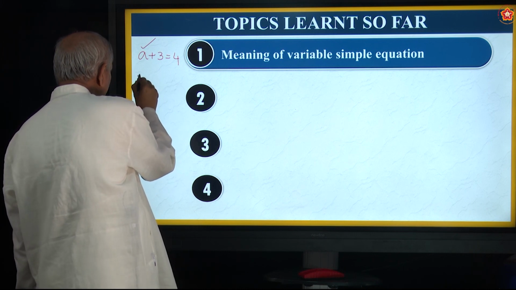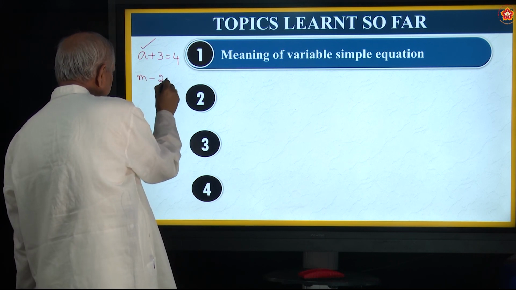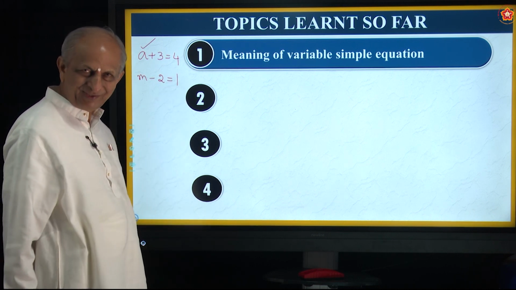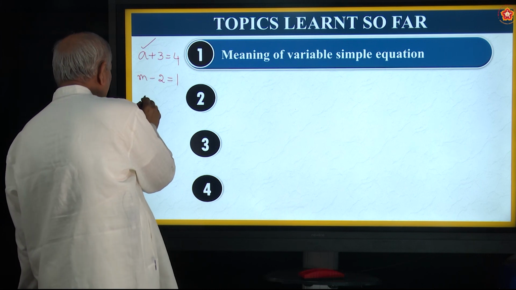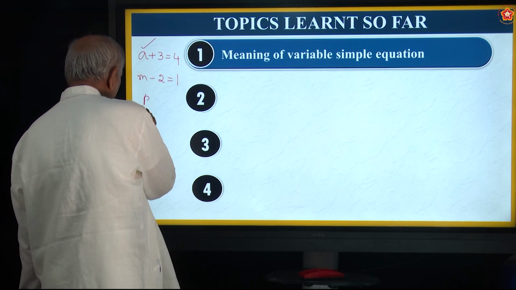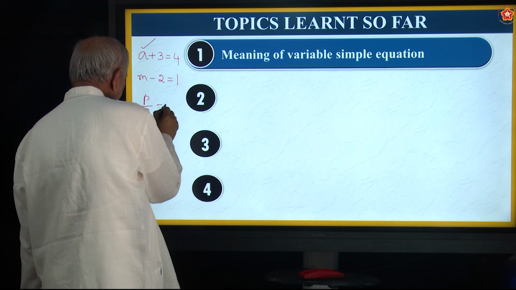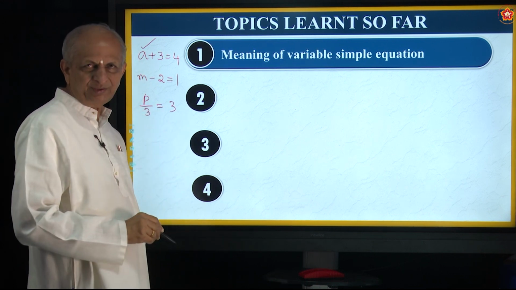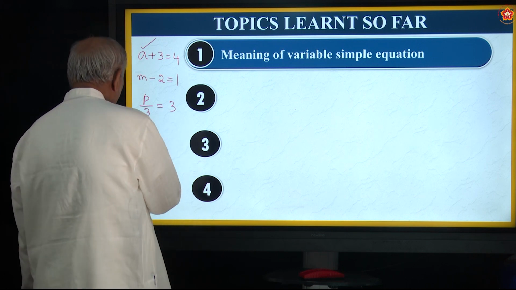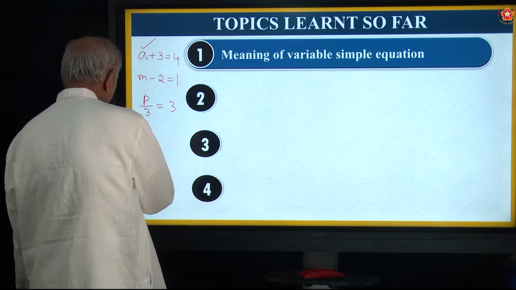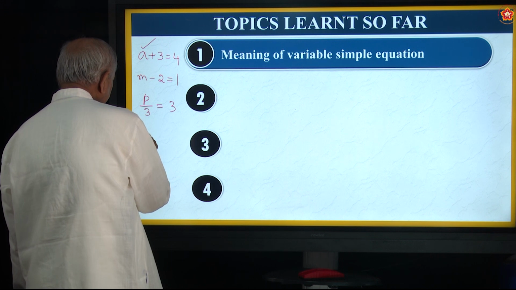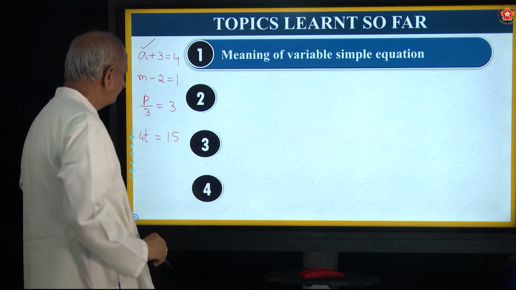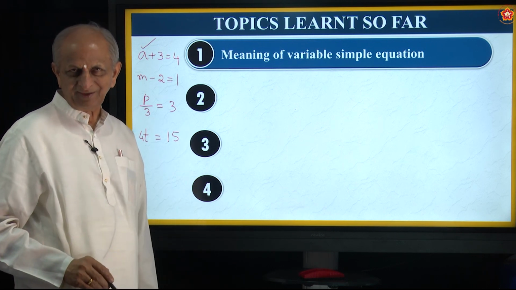Suppose you have m minus 2 is equal to 1, that is also called an equation. Or it may be p by 3 equals 3, that is also an equation. Or 4 into t is equal to 15, that is also an equation.